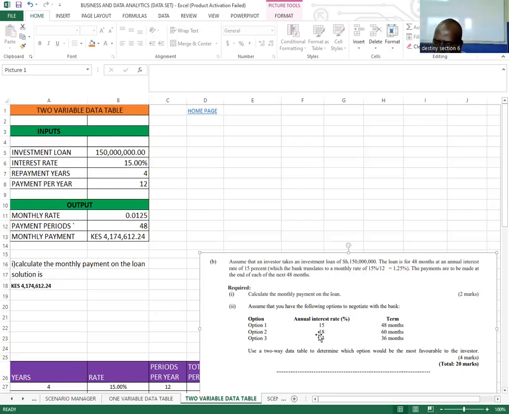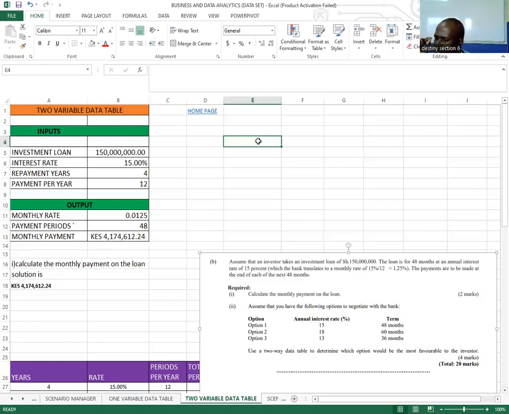So for the months, the figures you can see there should be captured in our data table. So something to do with the 48 should appear, because the minimum here I can see is 36, and the maximum is 60 months. So for our case, we can say 36.